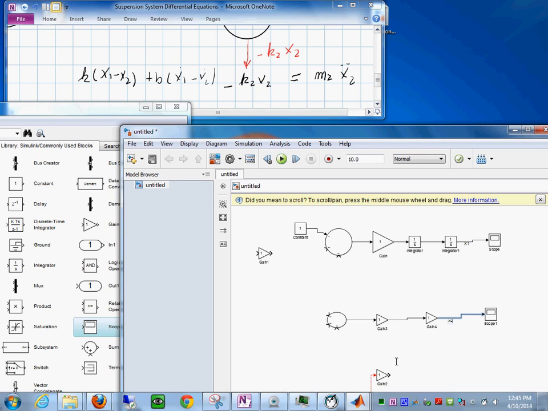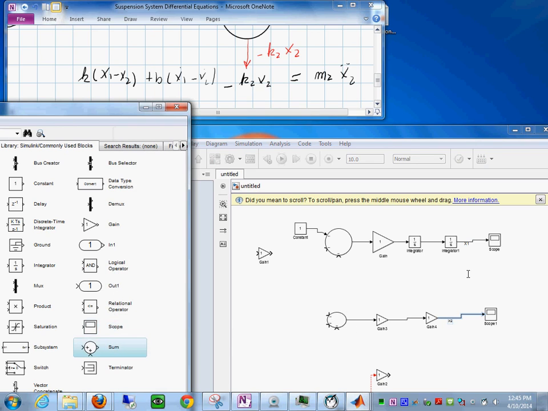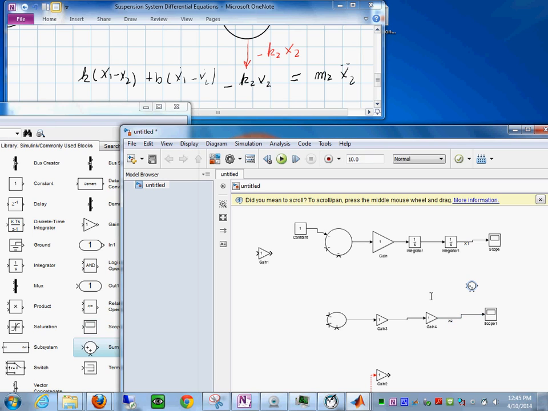Okay. So we're going to need some sort of a summation point to create the difference between those two. In fact, it may be the case that we need to invert this. Okay, Control I, like that.